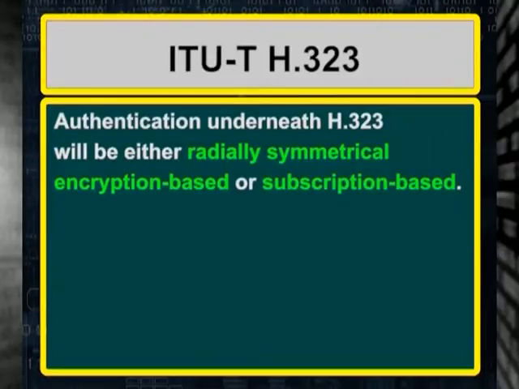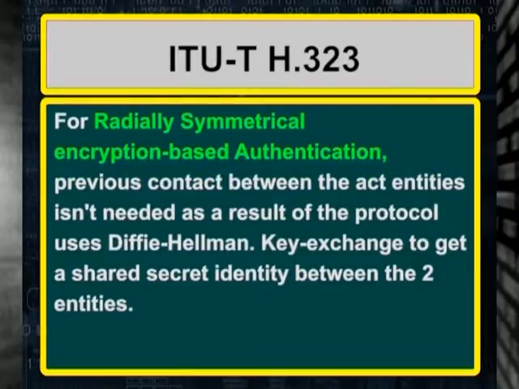Authentication under H.323 can be either symmetric encryption based or subscription based. For symmetric encryption based authentication, previous contact between the communicating entities isn't needed because the protocol uses Diffie-Hellman key exchange to get a shared secret between the two entities.